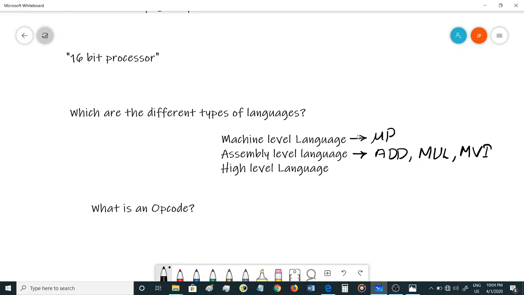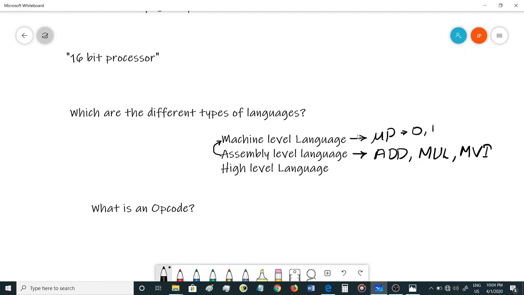So these are simple mnemonics, or instructions, used in assembly level language. The processor doesn't understand these instructions. We'll have to convert these instructions into machine level language, which is basically a combination of zeros and ones.